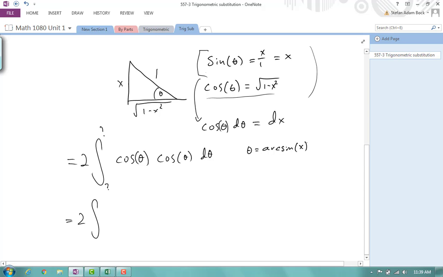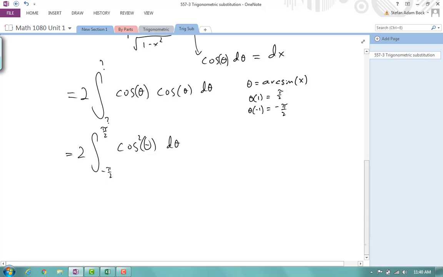So if x is equal to negative 1 and x is equal to positive 1, I'm going to end up with bounds from negative pi over 2 to positive pi over 2. And this is of cosine squared of theta d theta.